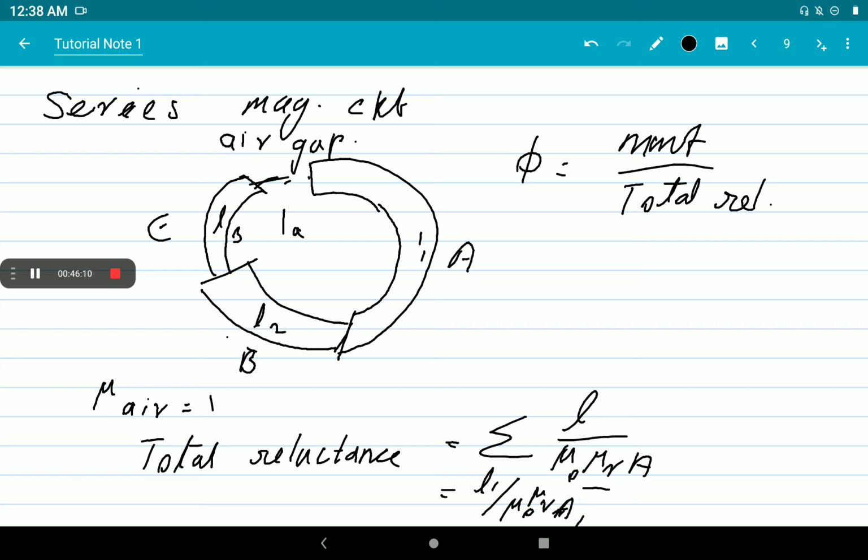First area is taken as A1, the second one A2, A3 is the area, and here the air gap area is taken as AG.